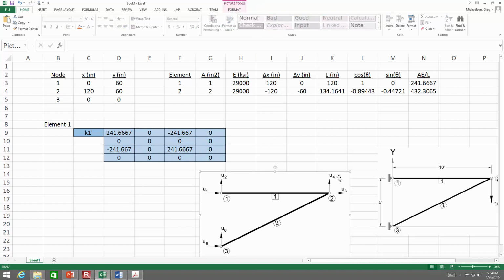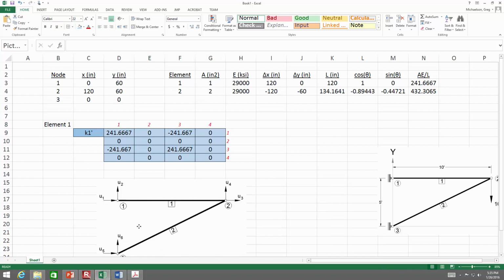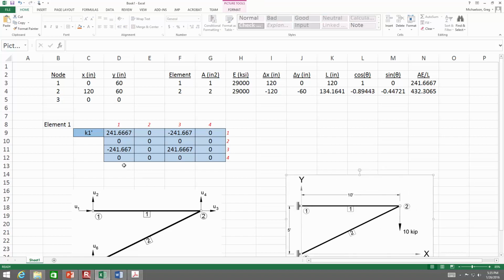We're looking at this right here, and that element is connected to 1, 2, 3, and 4. So what I'm going to do is I'm going to say 1, 2, 3, and 4, 1, 2, 3, and 4. And let me center that up. Clean that up a little bit. Everybody okay with this?